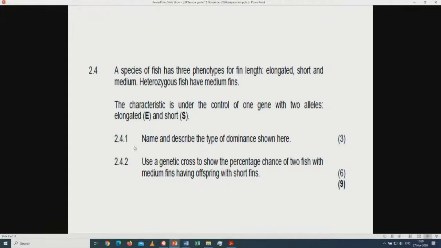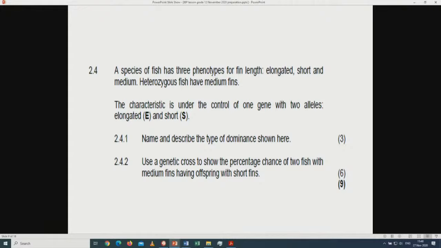Elongated has capital E and short has letter S. Now use a genetic cross to show the percentage chance of two fish with medium fins having offspring with short fins.